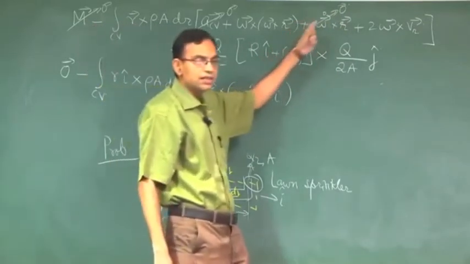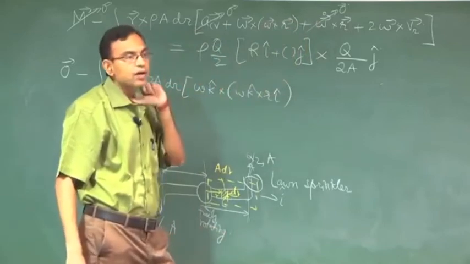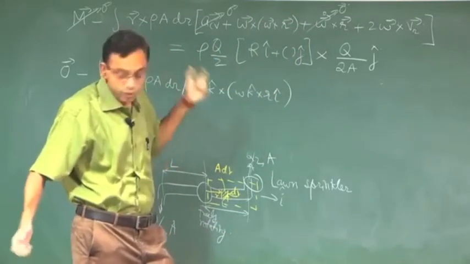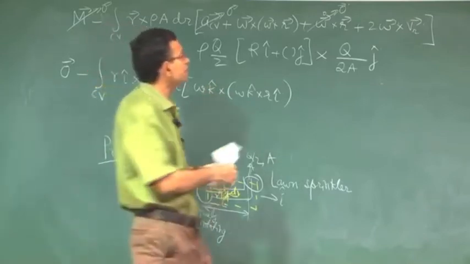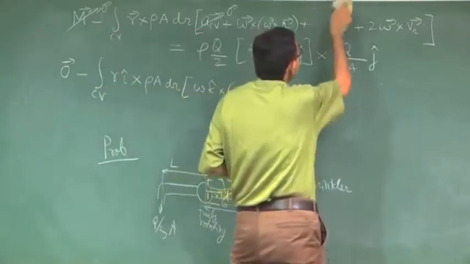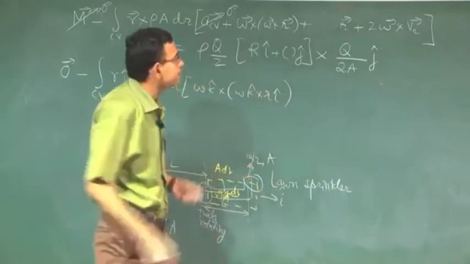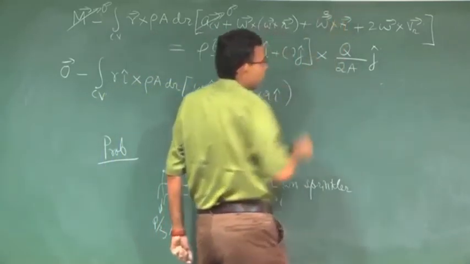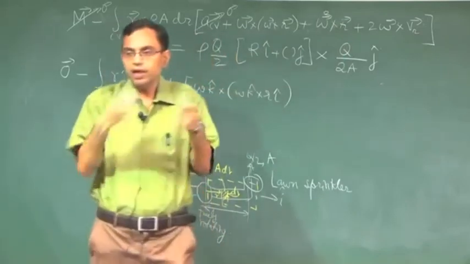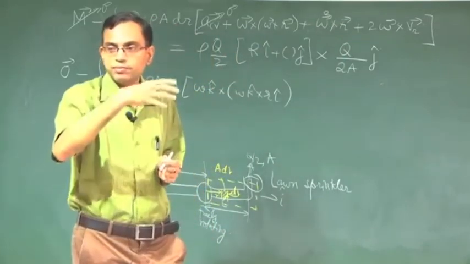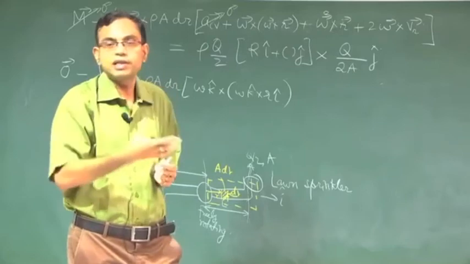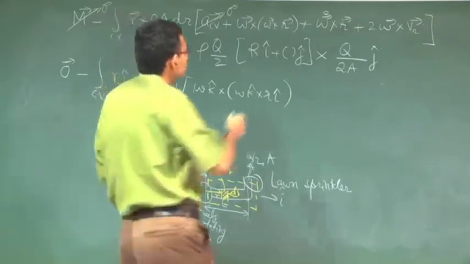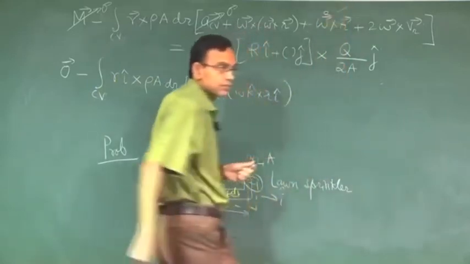Angular acceleration is 0 in this case. I mean if you want you can keep it, in fact you should keep it. I am very sorry, you should keep it. The reason is that although you are not driving it with an angular acceleration, because omega itself is changing with time, at unsteady state it must have an angular acceleration. So this term must be there, right.